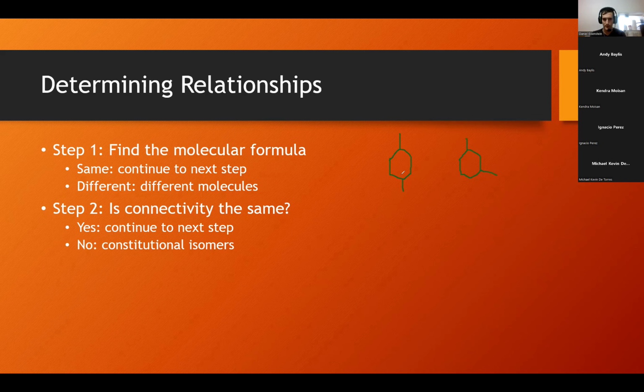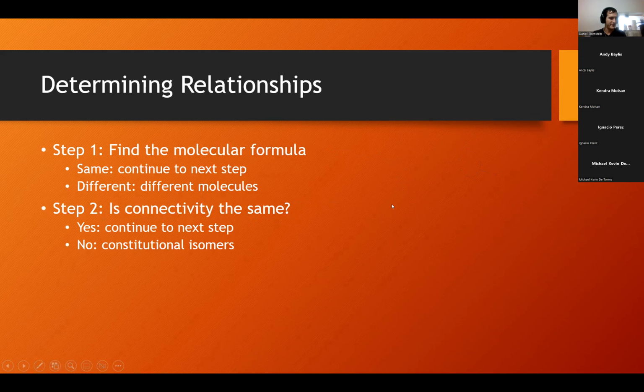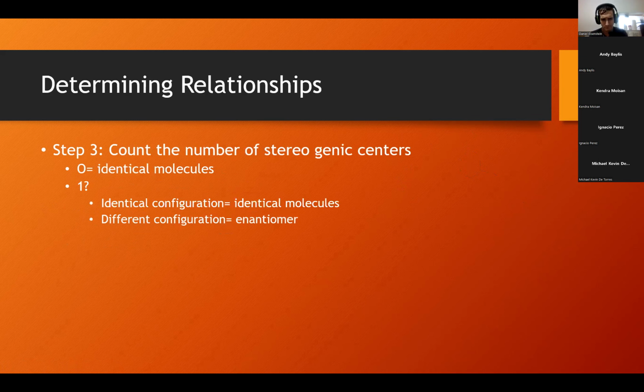We have a 1,4-methyl and then a 1,3-methyl. They're just going to be different. They're going to be constitutional isomers, okay? If the connectivity is the same, you're just going to move on.